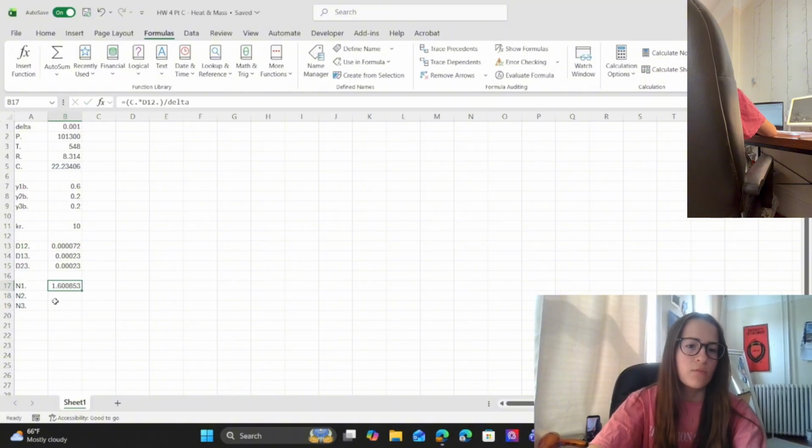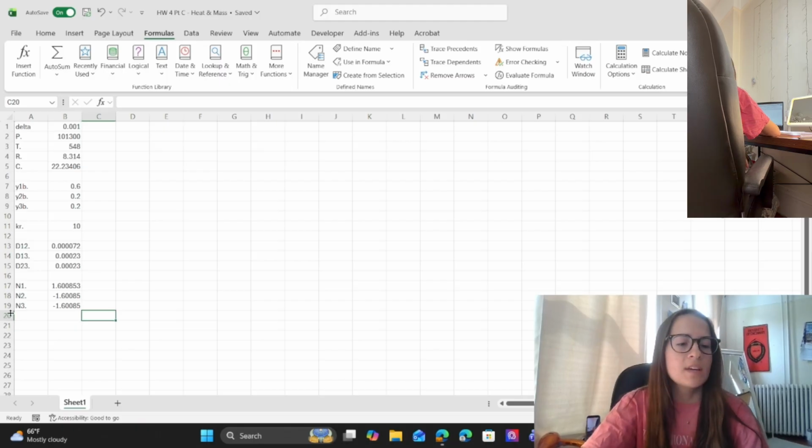And that's what we get for our value here. And then down here, we can just say that's the negative version of this, and same thing here. So now we have guesses for all of these fluxes.